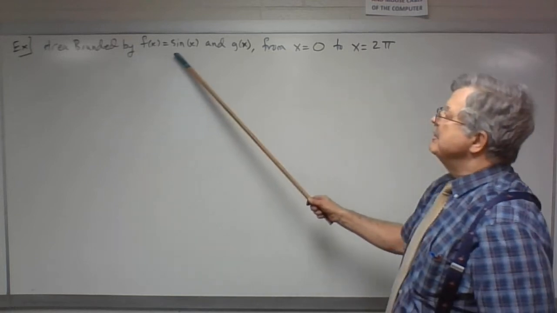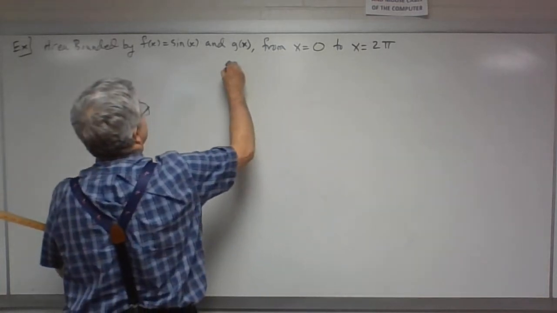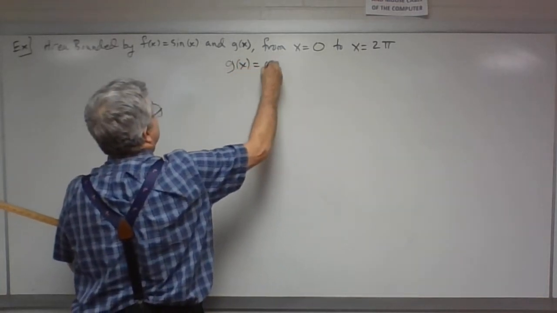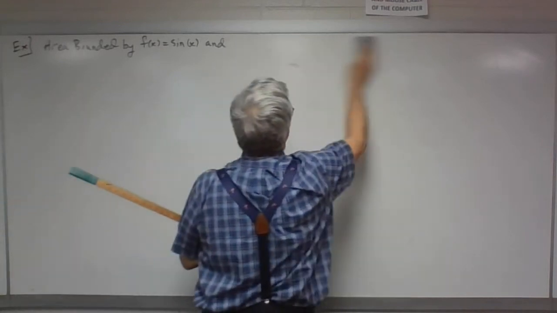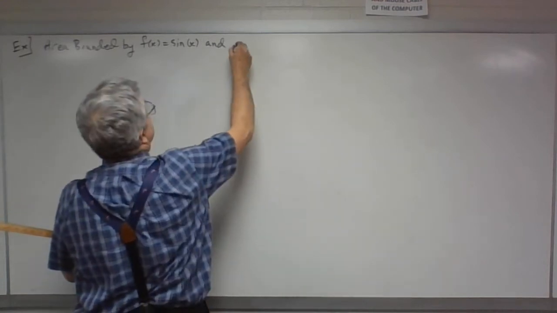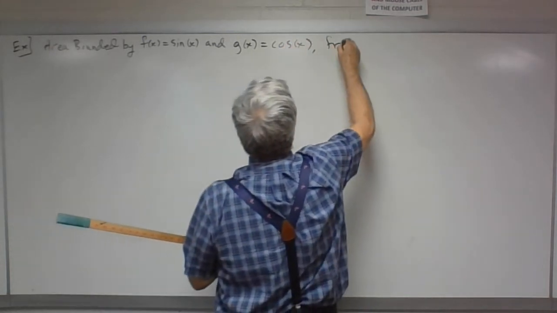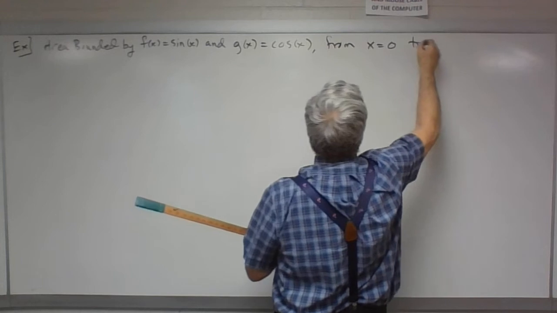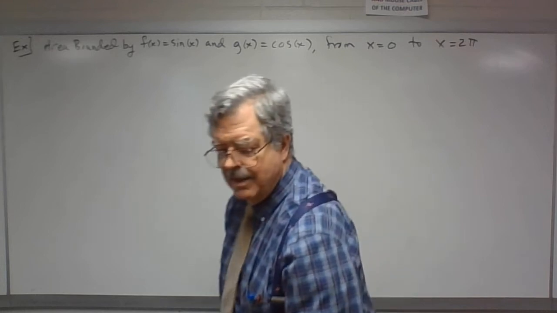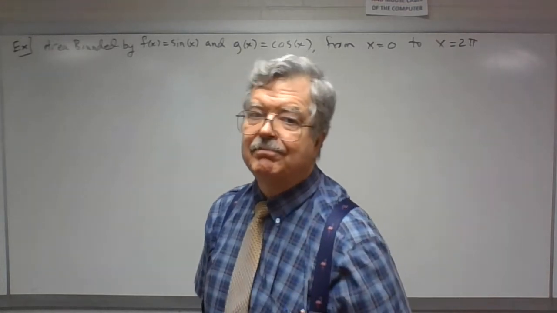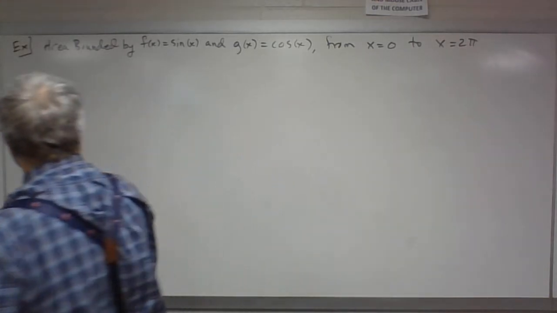Compute the area bounded by the graphs of f of x equals sine x and g of x equals cosine of x, from x equals 0 to x equals 2 pi. And what's our first step in an area problem? Always graph the bounded region.